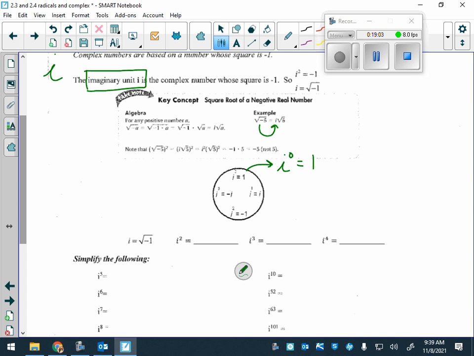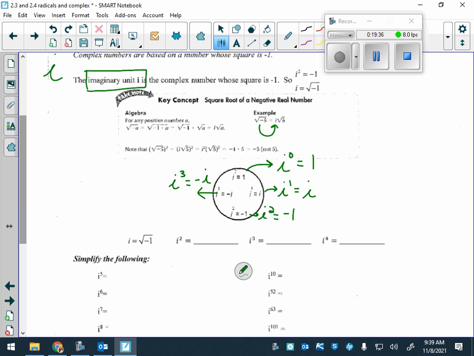The next term is i to the first, which is i. The bottom there is i squared, which is negative 1. And i cubed is negative i. Then it repeats the process.